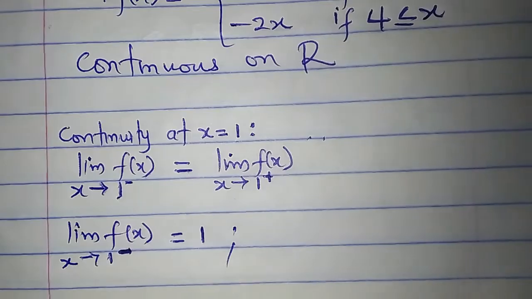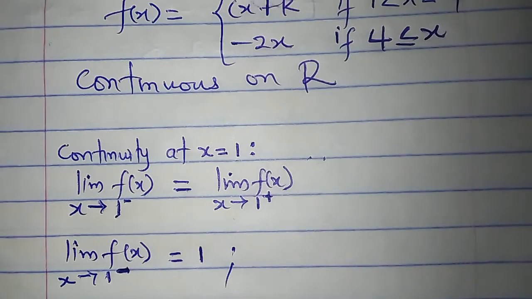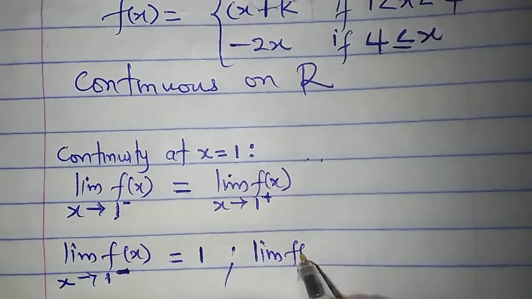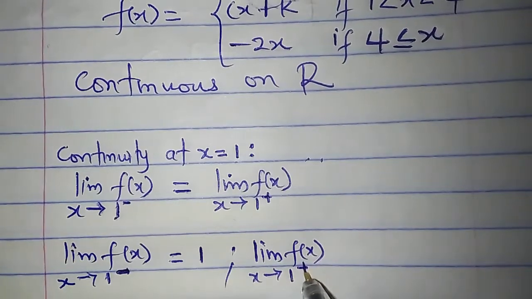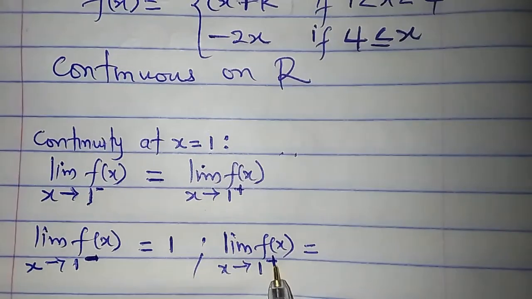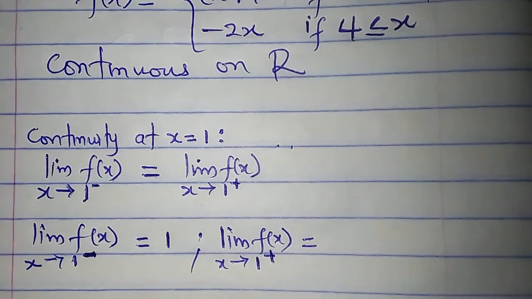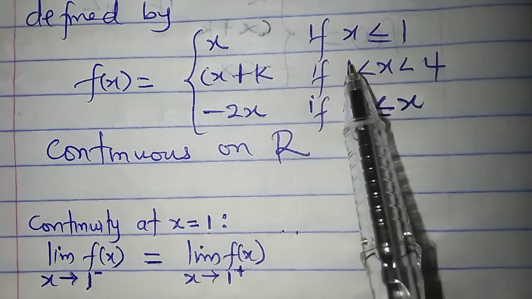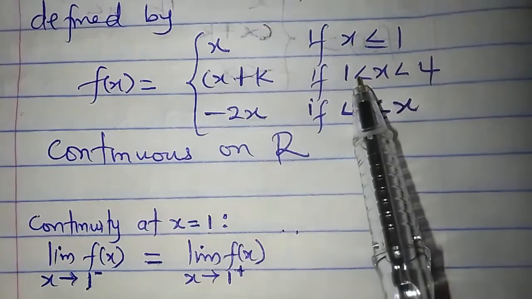Okay, what is the limit of the function as x approaches 1 from the right? So as x approaches 1 from the right, we are talking about numbers greater than 1, okay? I can see 1 less than x, and that means that x is greater than 1.